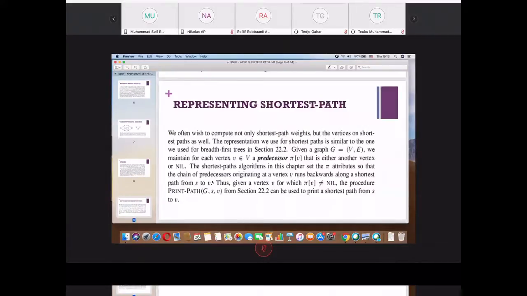Assume that there is a shortest path from source S to vertex v. Then you can start from v and move backward until you find the source S along a shortest path.